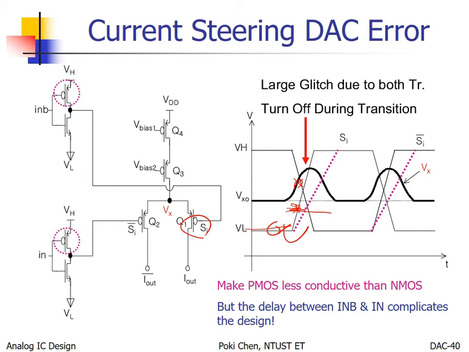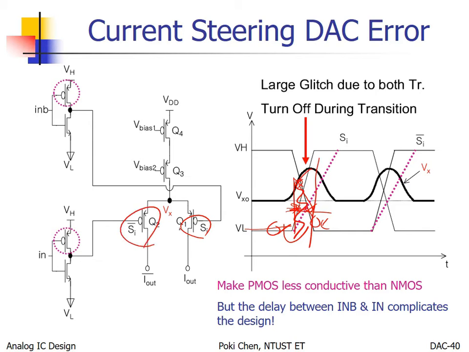I don't have enough time to turn on. Right? So after here, when I reach here, I will be on. So in between, both are off. That is the real problem.